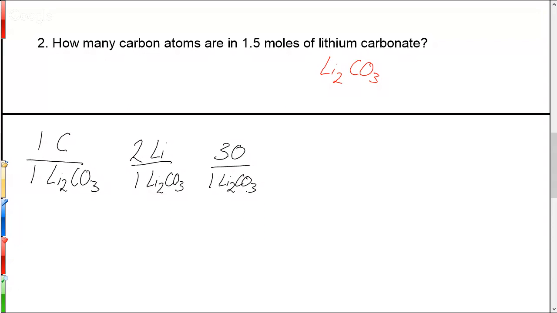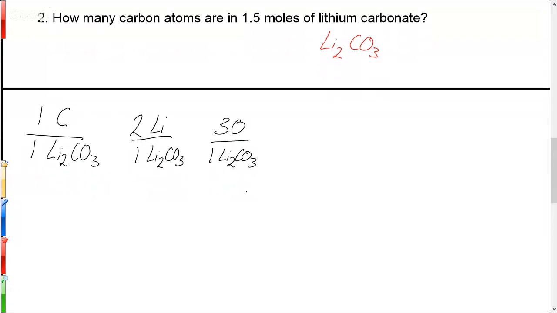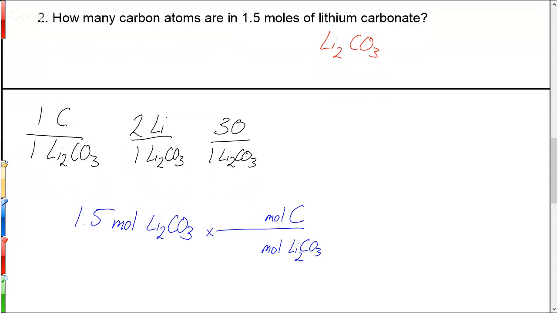So let's answer the question then. If we have 1.5 moles of lithium carbonate, that's what the question tells us we have, we want to multiply that by something that gets us from moles of lithium carbonate to moles of just carbon.